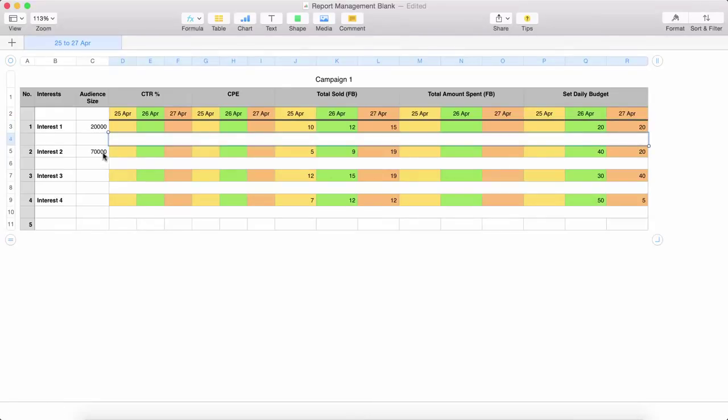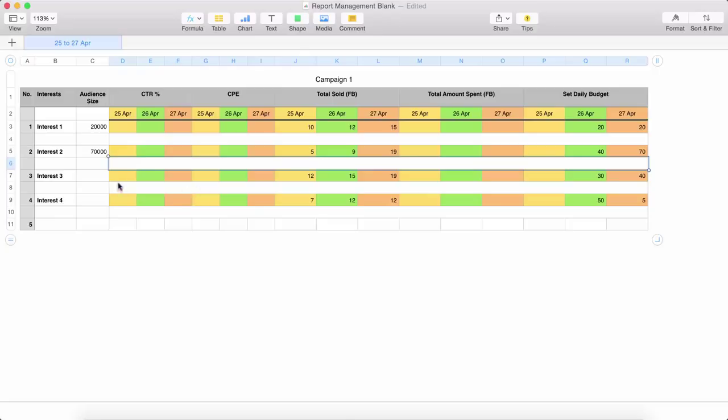And this is 70,000 here in audience size. Then there is a $10 increase in sales, so I should have put $100 for this, right? But since the audience size is 70,000, the cap is $70.